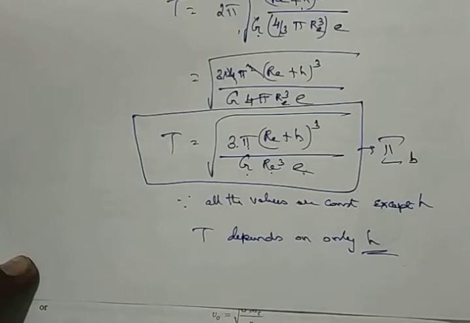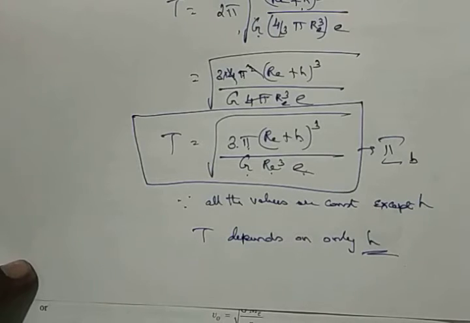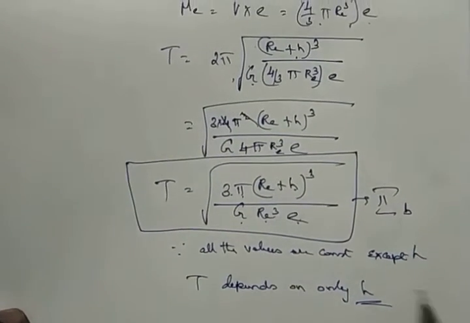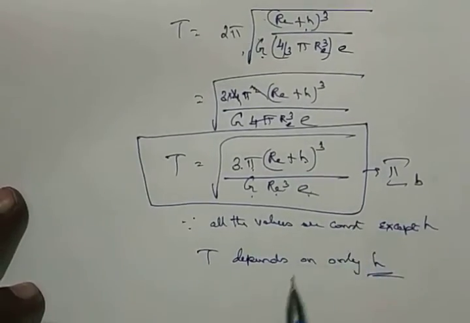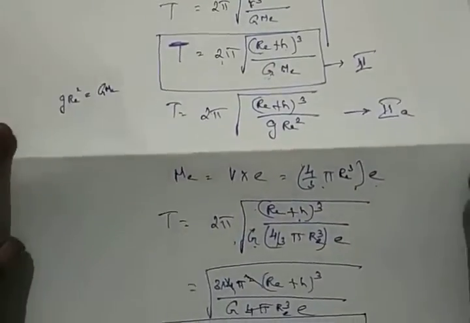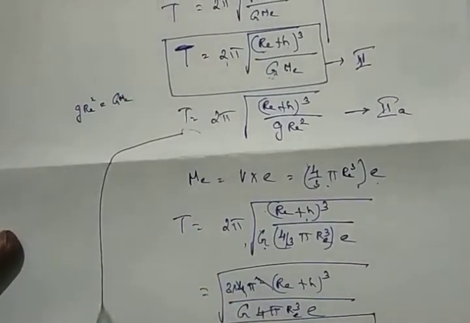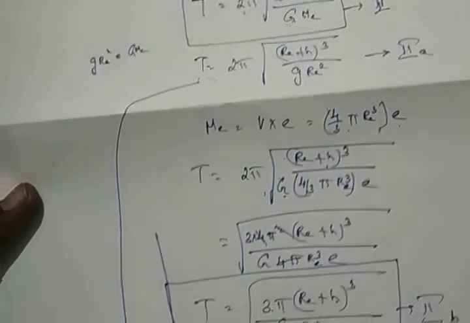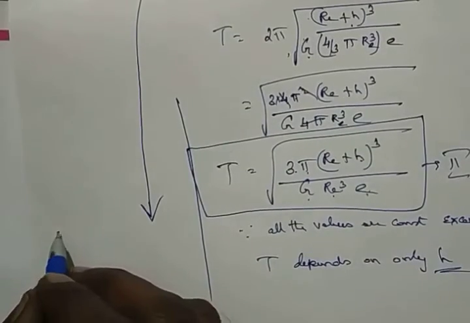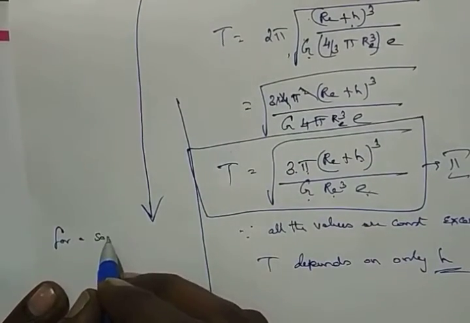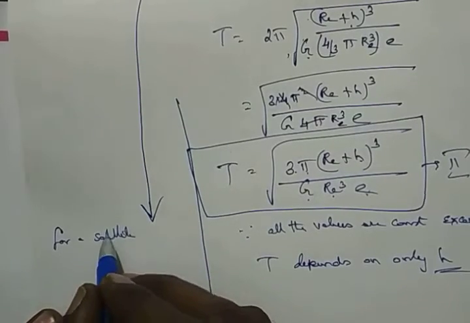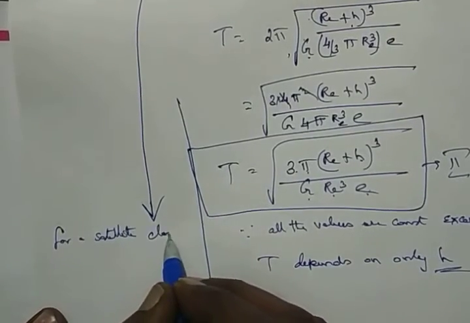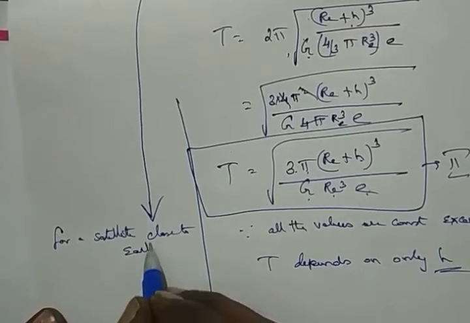Okay. Now we'll try to see how this time period is going to be for many other things. Let me take this particular format and do a small thing for a satellite close to Earth.